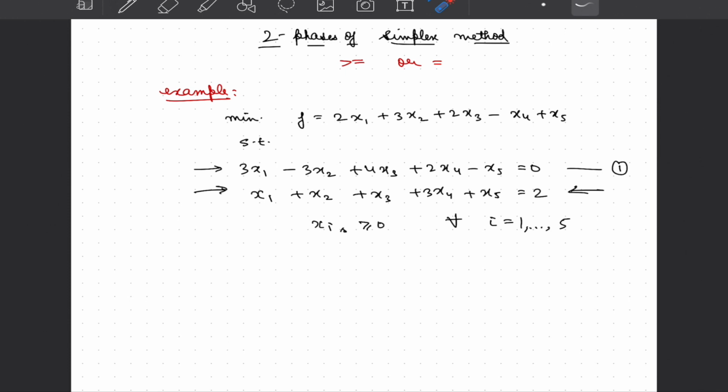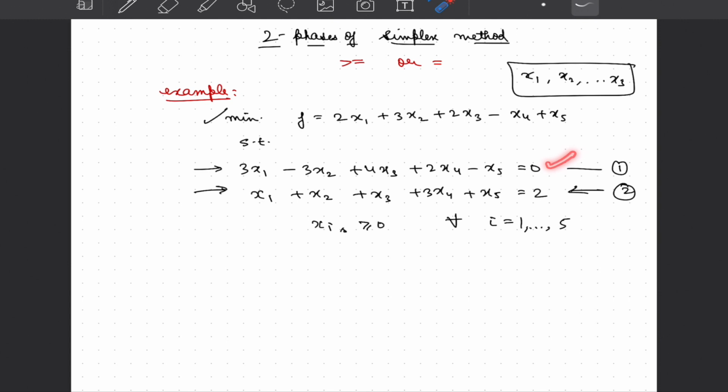So we will try to understand this with help of an example, and here we will use an example of equality constraints. That is, the problem remains that we have to minimize f of 2x1 plus 3x2 plus 2x3 minus x4 plus x5, and hence our decision variables are x1, x2 all the way till x5, and it is subjected to two equality constraints.